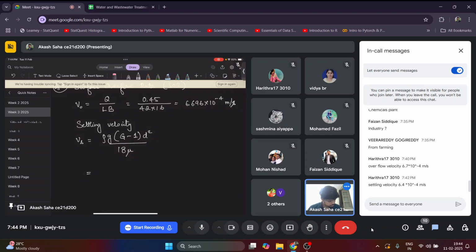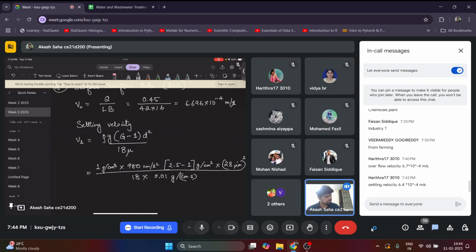So here we will put 1 gram per centimeter cube into 980 centimeter per second square, the g value, multiplied by 2.5 minus 1 gram per centimeter cube, and then we have 28 micrometer square by 18 into 0.01 gram per centimeter second.